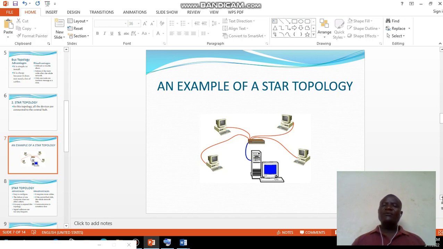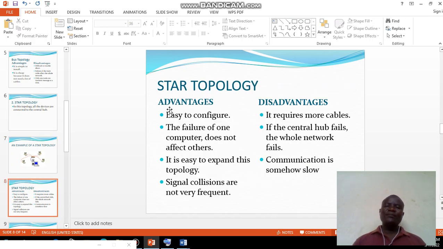Let's talk about the advantages. Advantages: it is easy to configure. The failure of one computer does not affect others. It is easy to expand this topology.